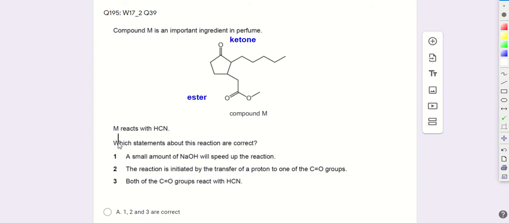So the question says that M reacts with HCN, and M has a ketone and an ester. The ketone will react with HCN, but the ester will not react with HCN.